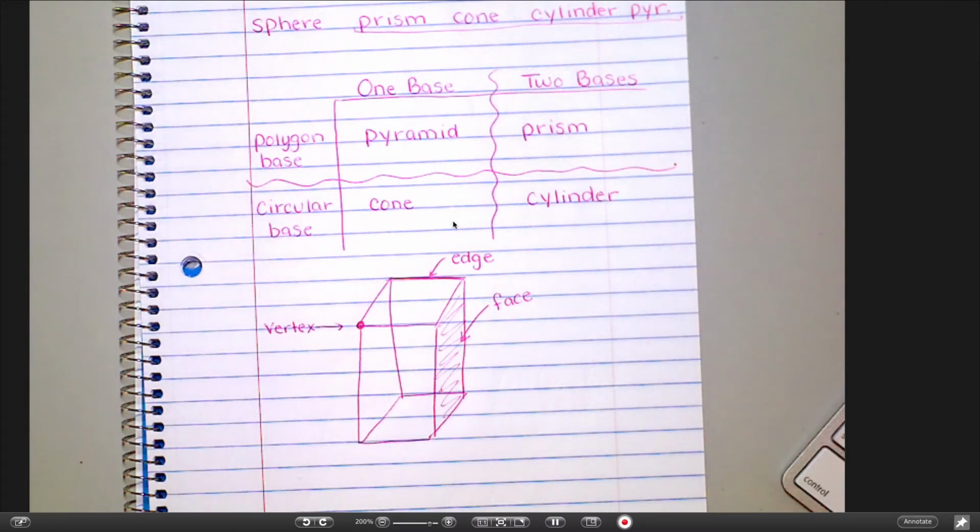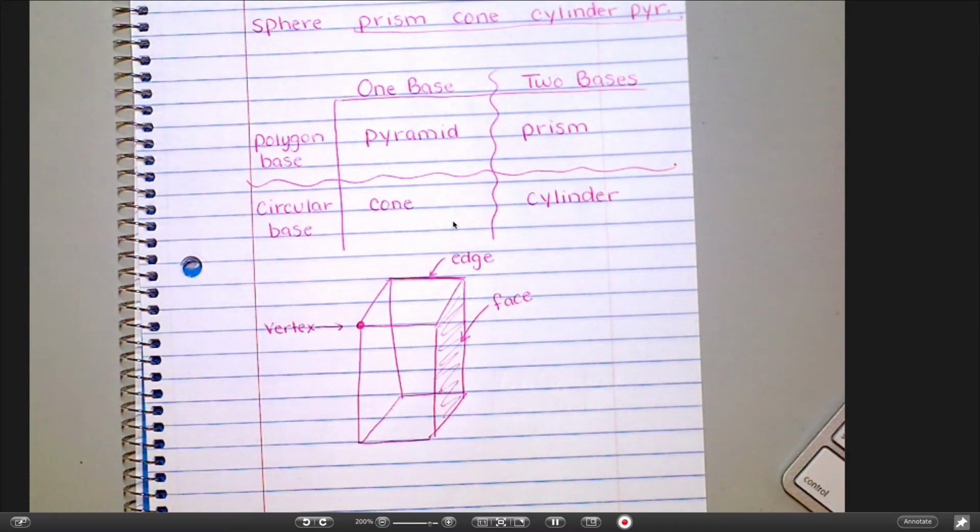Let me take a look. Do you remember what a net is? A net where you take a shape and lay it out flat? When you take a prism and lay it out flat, what are all the sides? They're all rectangles, right? What about when you lay out a pyramid? What are all the sides? Triangles.